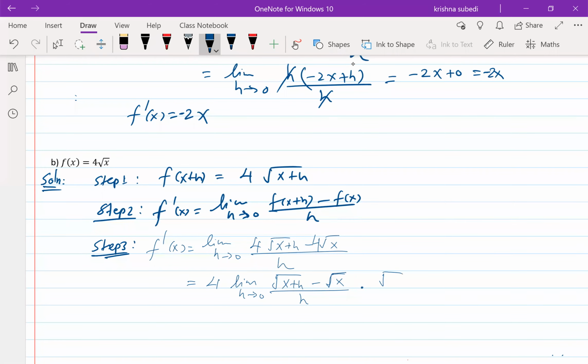So that means multiply top and bottom by this and simplify.